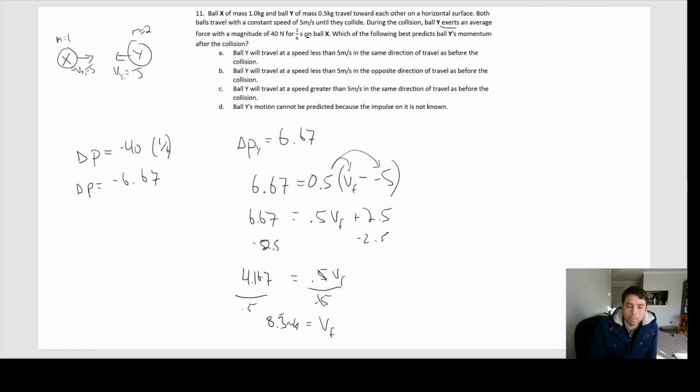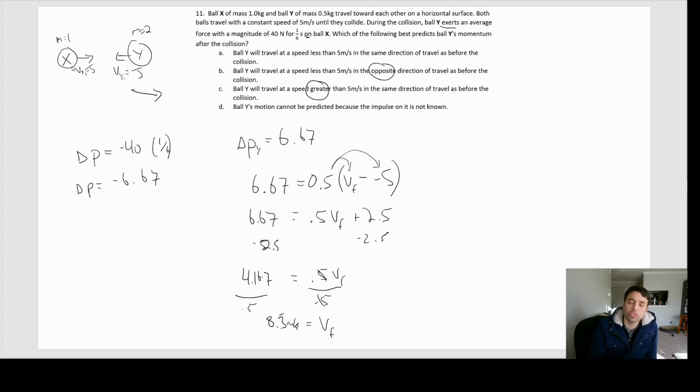So, positive velocity, which means ball Y gets knocked back this way, and it's greater than 5, and it's going the other direction from where ball Y was going. So the answer should be greater than 5, but in the opposite direction.